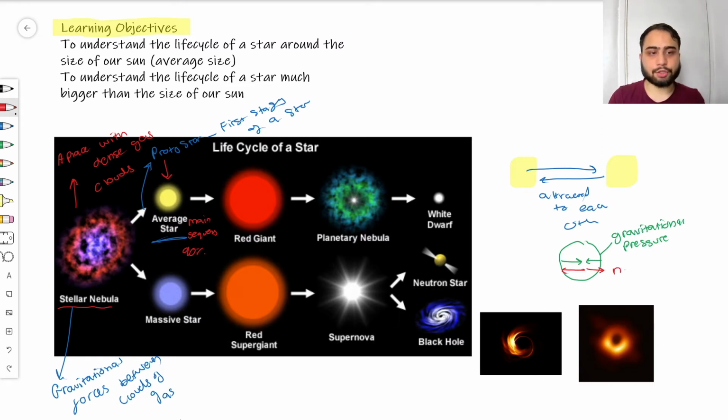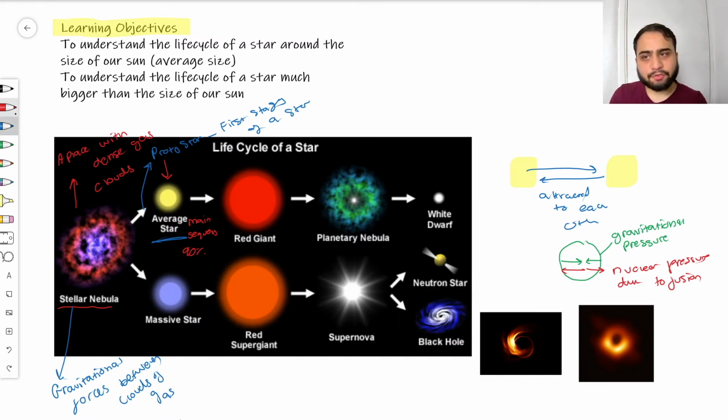Okay, so that's nuclear pressure due to fusion. The fusion happening in the star releases energy outwards, and then the gravity of the actual size of the star pushes it inwards, and these two forces for the majority of its life are balanced, hence why the main sequence star is the majority of where its life stands. Okay, so when these two forces are balanced, the star exists in a main sequence.